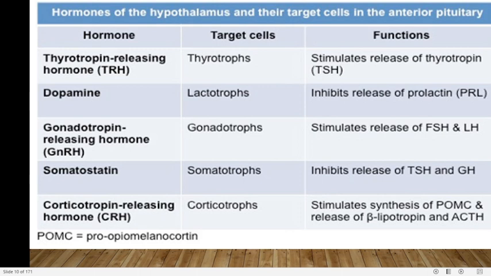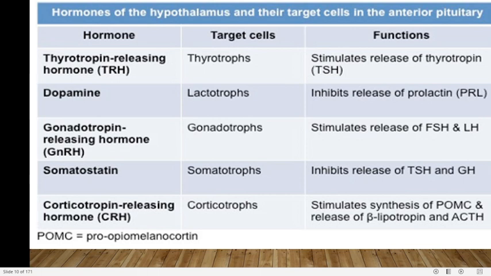Hormones produced by the hypothalamus. Of course, we say that the hypothalamus is the control center. So the control center, we can count thyrotropin releasing hormone, TRH, the one that normally stimulates the release of thyrotropin or thyroid stimulating hormone.